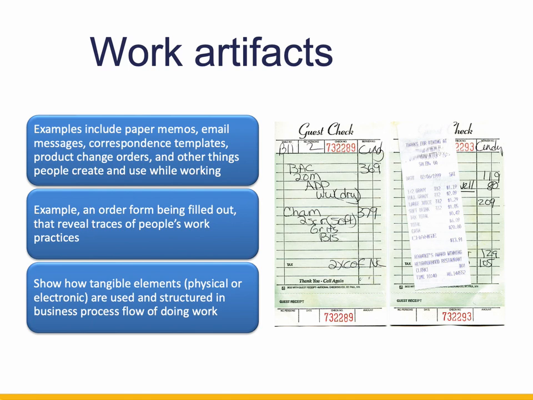But I find this work fascinating, seeing what is here, and how the bill was calculated. So the last point is showing how tangible elements, physical electronics, are used and structured in the business process flow of doing work. So in a diner, for example, you have this, and do you think this is open for error? I would think so. This seems very, very open for error. Let's just put it that way, the way this is written, because you have numerous wait persons in a diner.